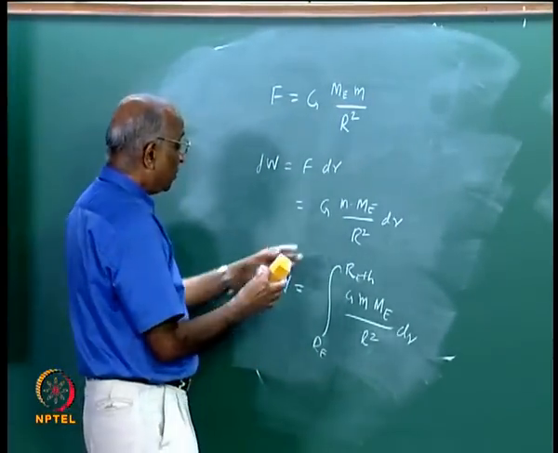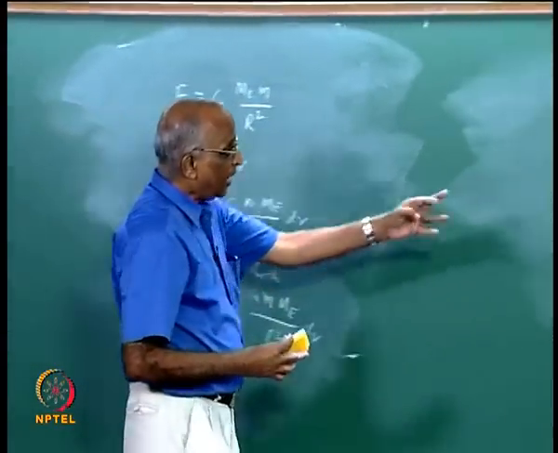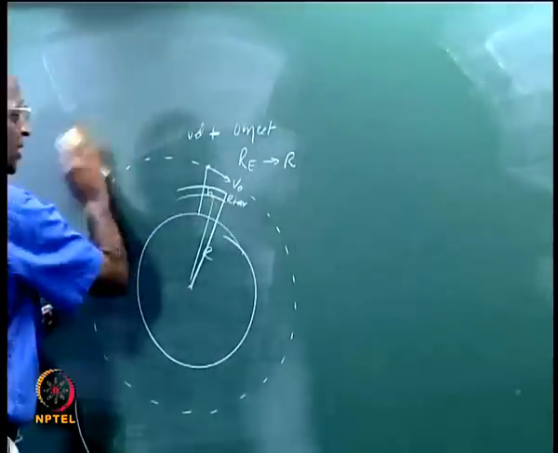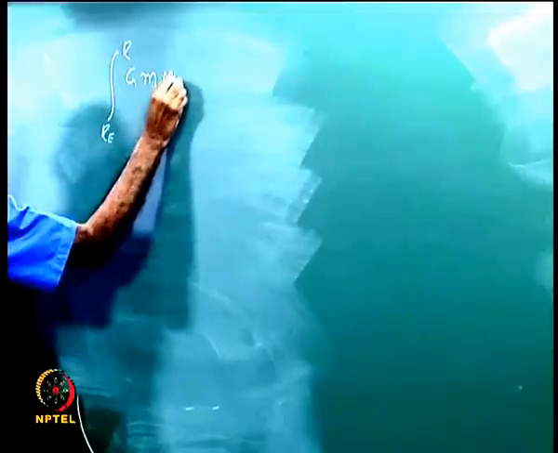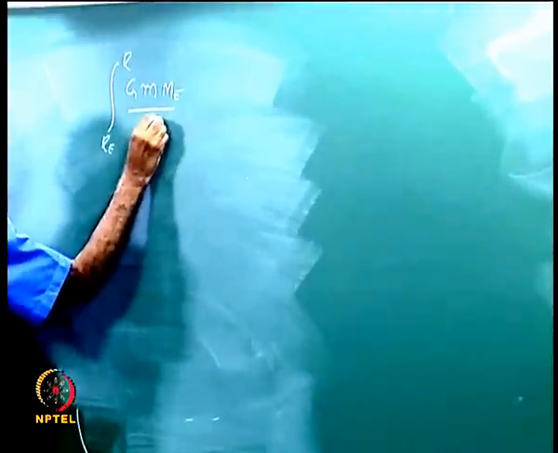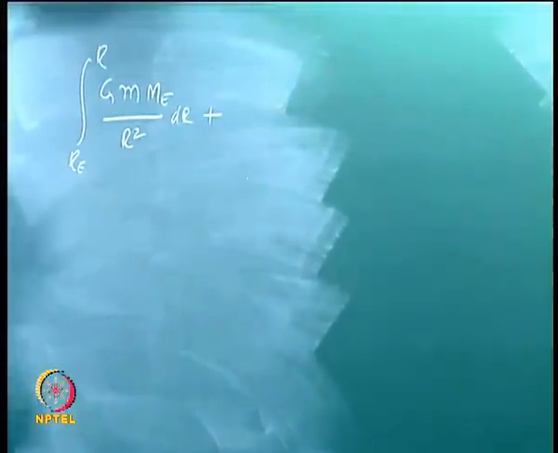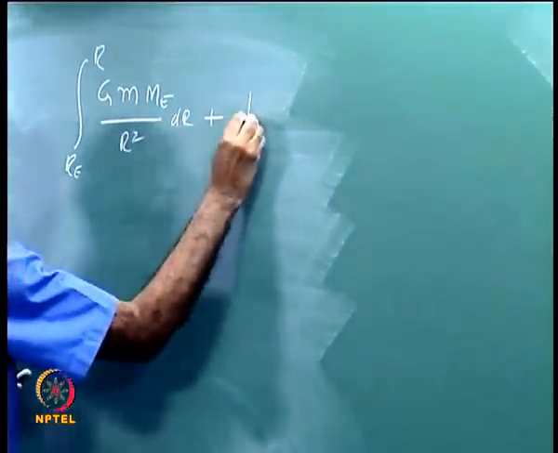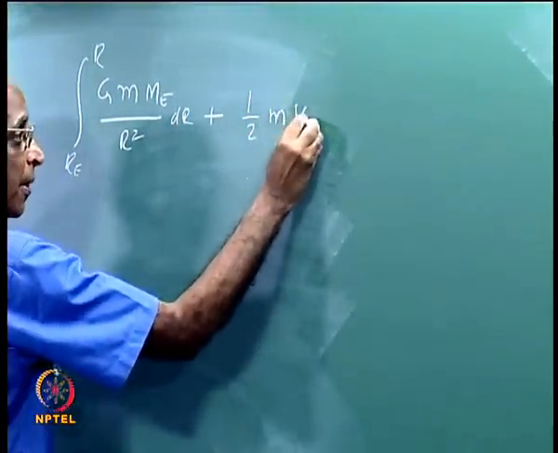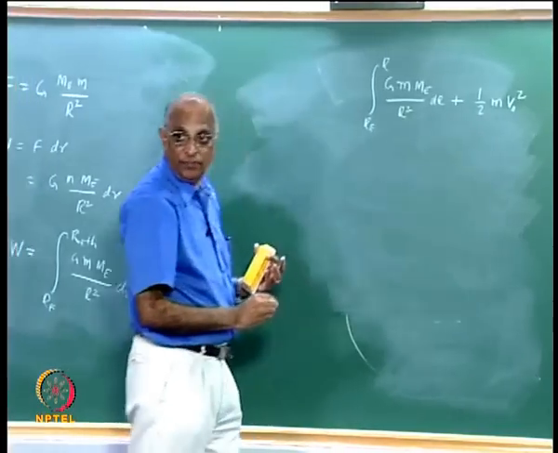I have the potential energy plus the kinetic energy, and therefore I can say that the total energy of a rotating spacecraft in orbit must be equal to the integral from Re to R of G m me by r square into dr, plus the kinetic energy of a rotating body, which is half m v0 square.